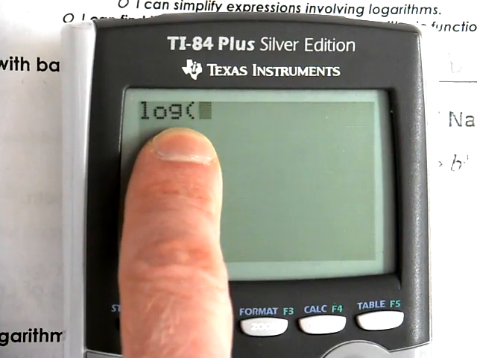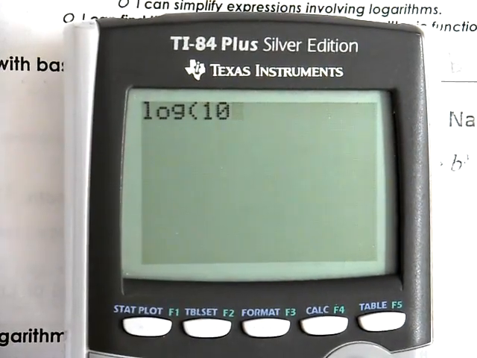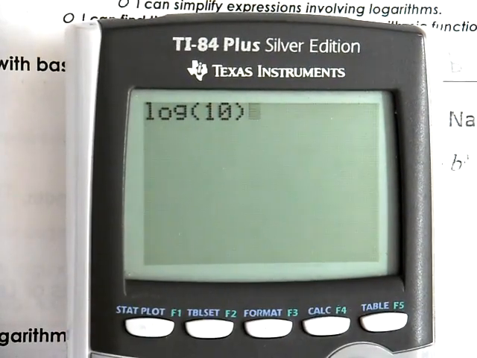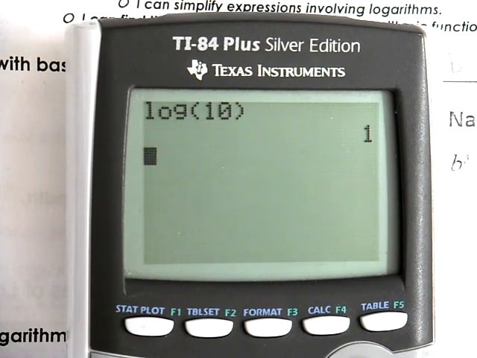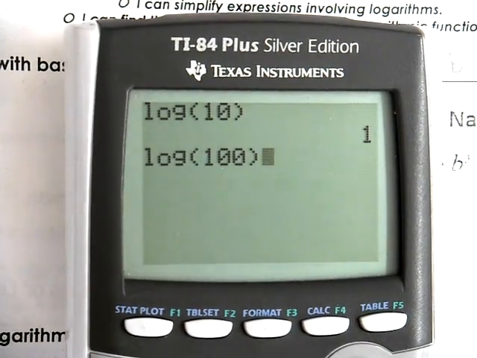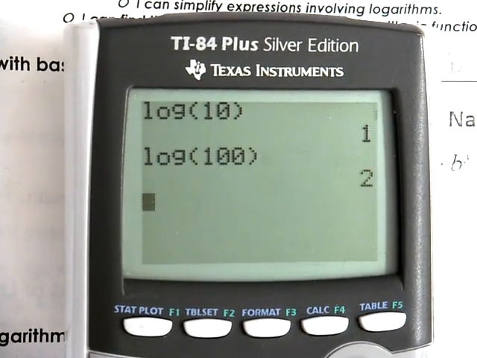Log base 10 of 10. So 10 to what power equals 10? That's what it's being asked. 10 to the first power equals 10. 10 to what power equals 100? 10 times 10 makes 100, so 10 to the second power.